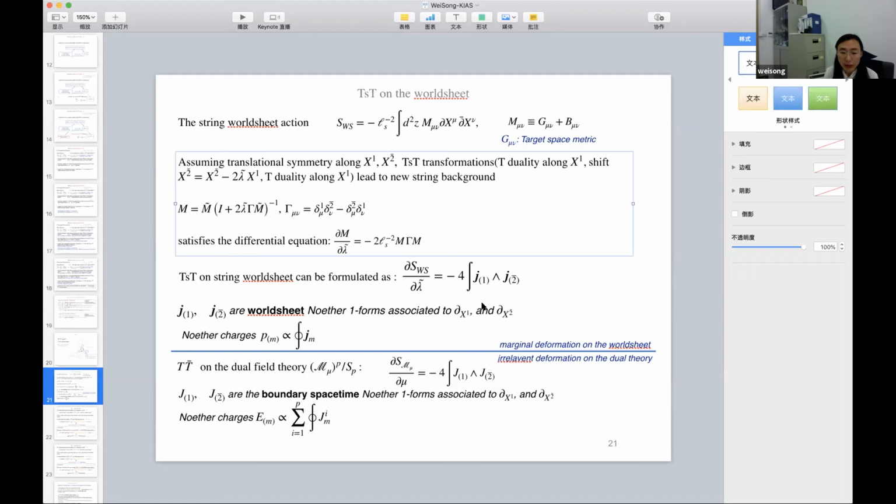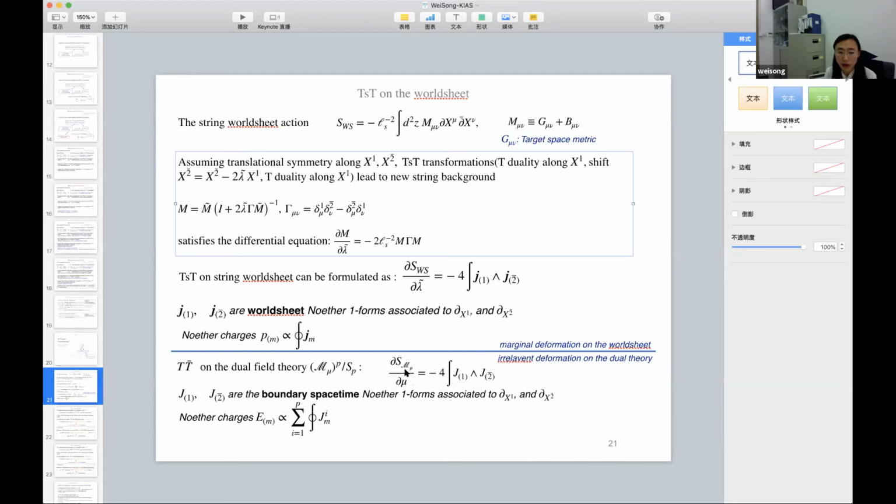So namely, these are the worldsheet Noether currents: J1 corresponds to x1, and J2 bar corresponds to the translation x2 bar. Then, if we recall the definition of the TTbar deformation on the field theory side, it can also be written in a very similar form.